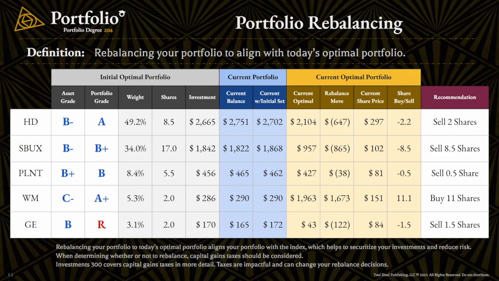So the recommendation here was to sell 2 shares of the first stock, 8.5 shares of the second, and so on. And that would get us rebalanced to the new optimal portfolio, which is what you want to do to have the best chance at earning the best return based on what's worked historically. Now, obviously, returns are not guaranteed, nothing is, but these are the methods that fund managers leverage on Wall Street, and you should learn to leverage them for yourself.